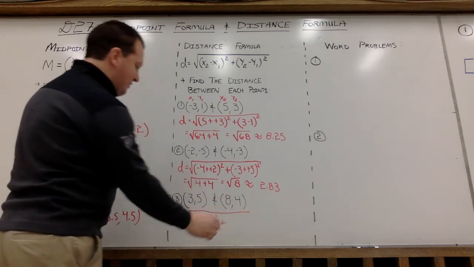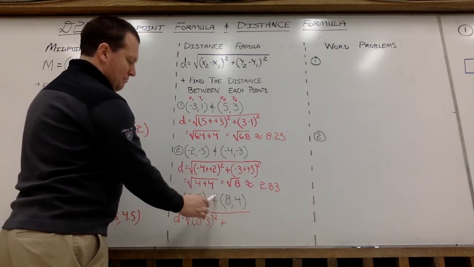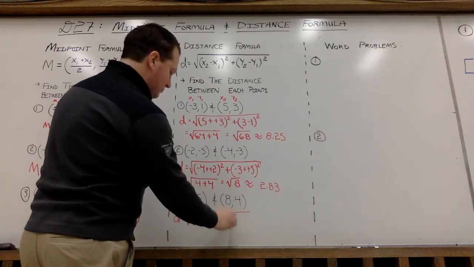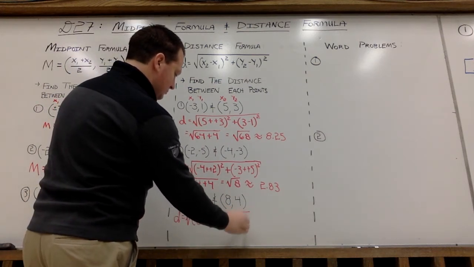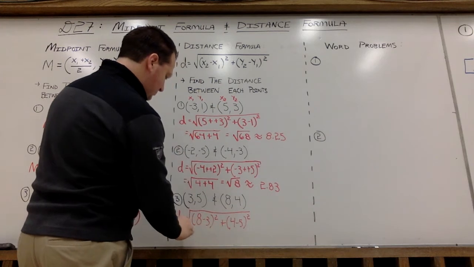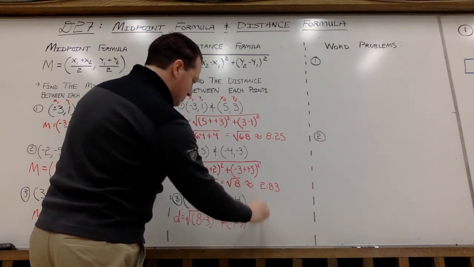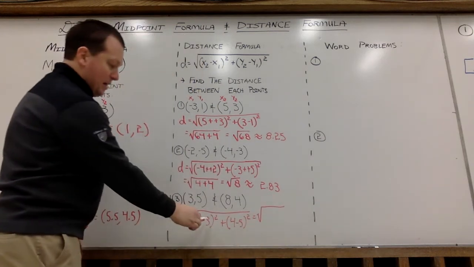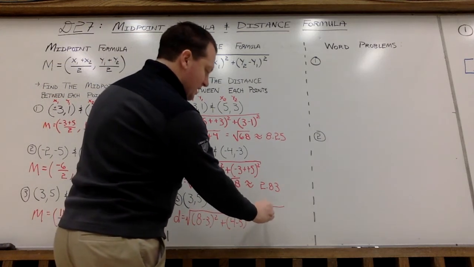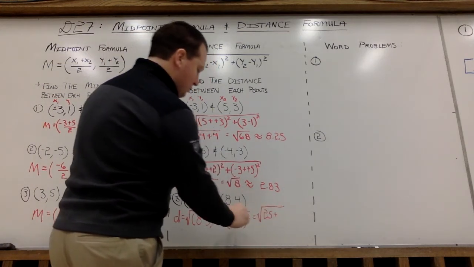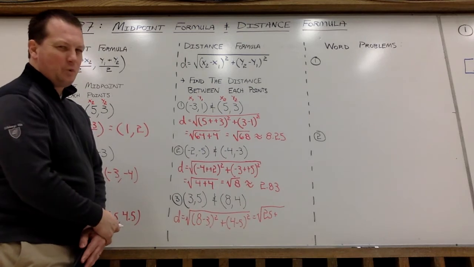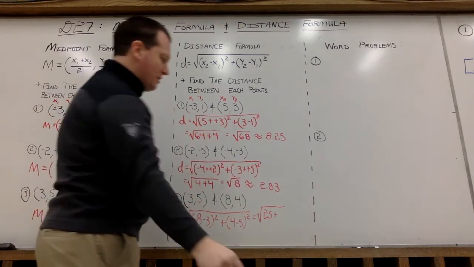Square it, and then add that to 4 minus 5. Square that. So I'm going to have 8 minus 3 is 5. 5 squared, 25. And I'll add that to 4 minus 5 is negative 1. Negative 1 squared is positive 1.